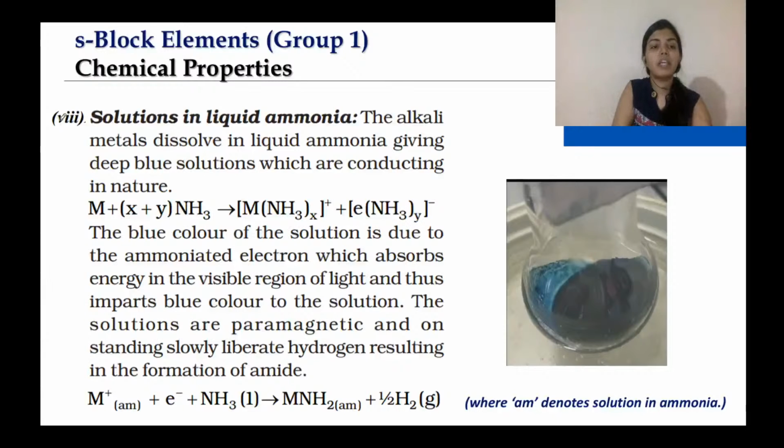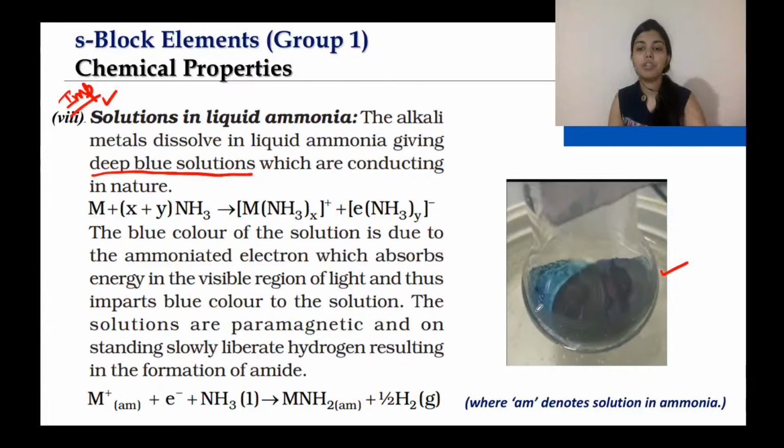Now solutions in liquid ammonia, this is a very important property. The alkali metals dissolve in liquid ammonia and form a deep blue colored solution, which is conducting in nature. That means it is able to conduct electricity, right?